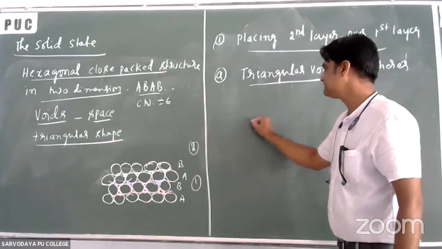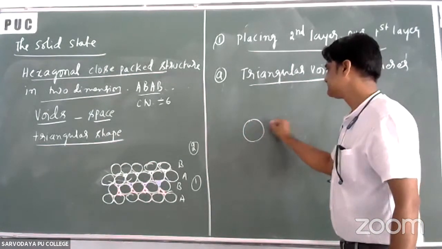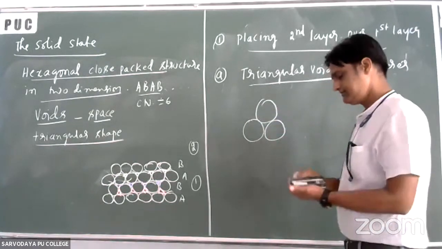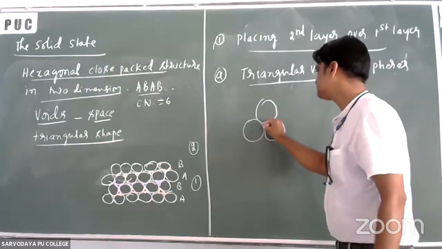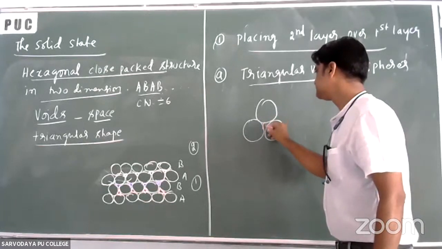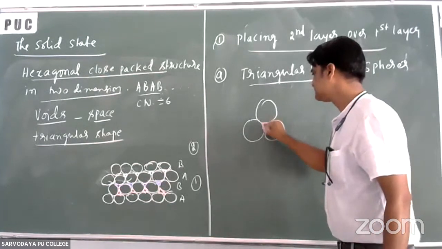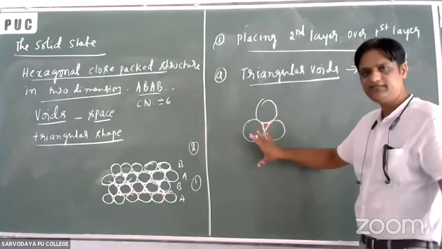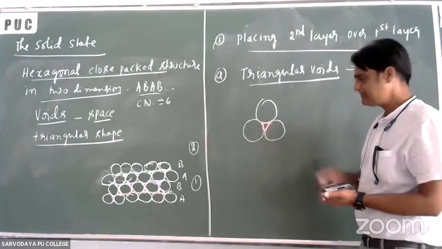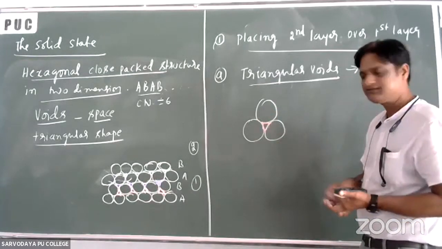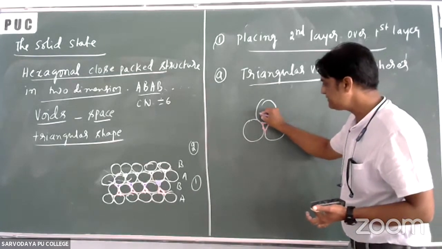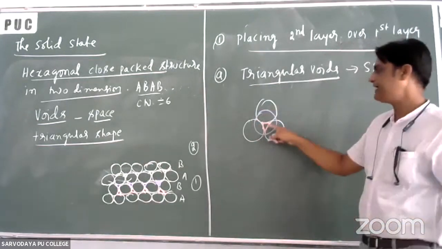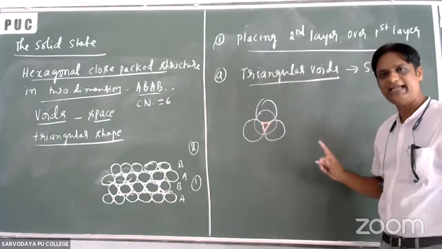Say for example, I'll take only 3 spheres so that you can understand. So this is the triangular void. I'm taking part of it. And when second layer is placed, sphere of the second layer occupies the triangular void like this.